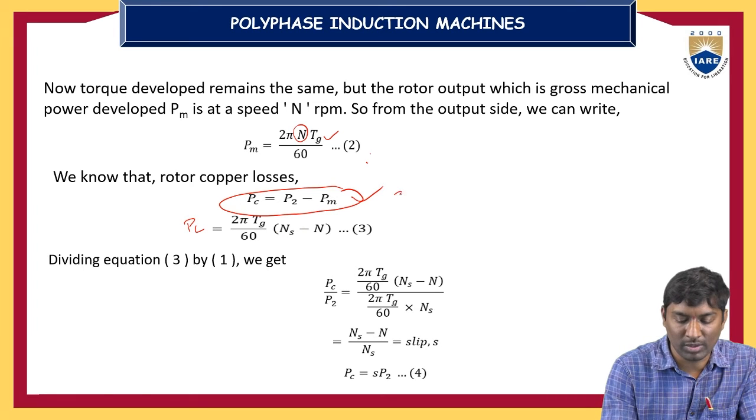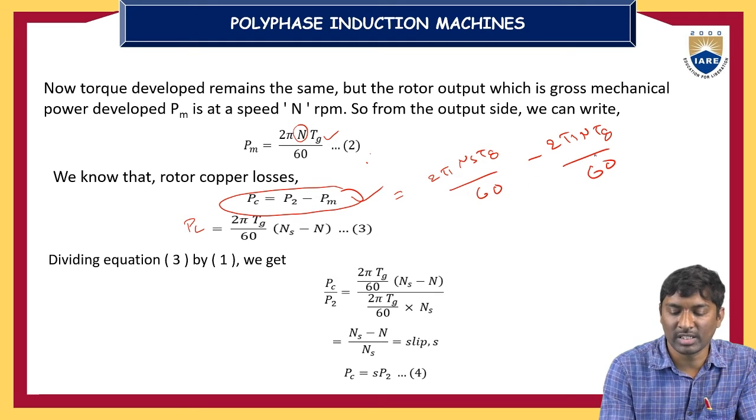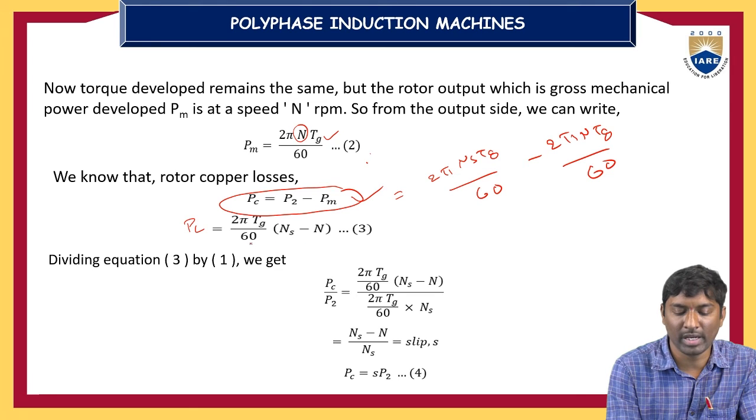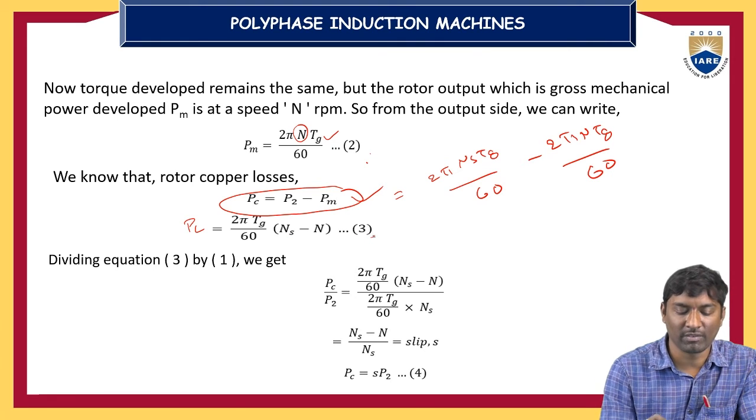Here, 2 pi Ns Tg divided by 60 minus 2 pi N Tg divided by 60 has the common factor 2 pi Tg divided by 60, leaving Ns minus N. This is the third equation.